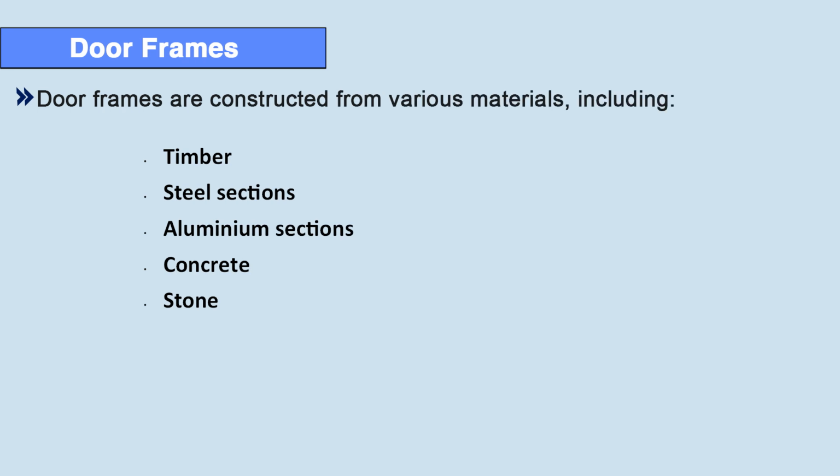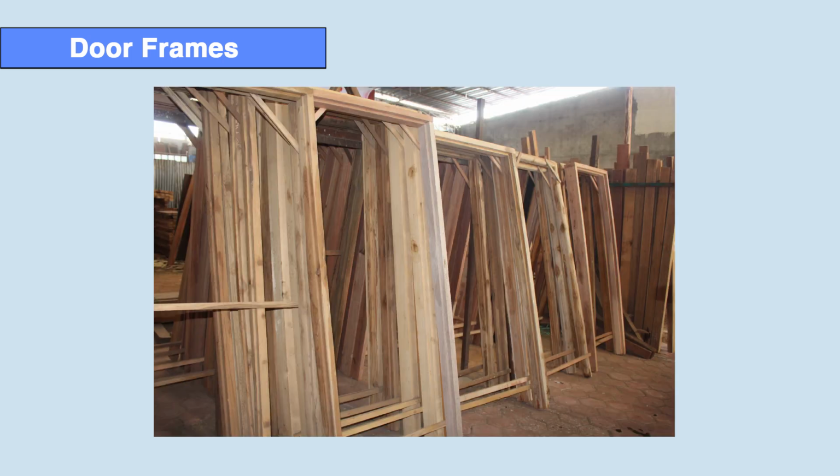Door frames are constructed from various materials, which can be timber, steel section, aluminum section, concrete and stone. We are going to discuss door frame made of each material one by one. So, timber door frame.